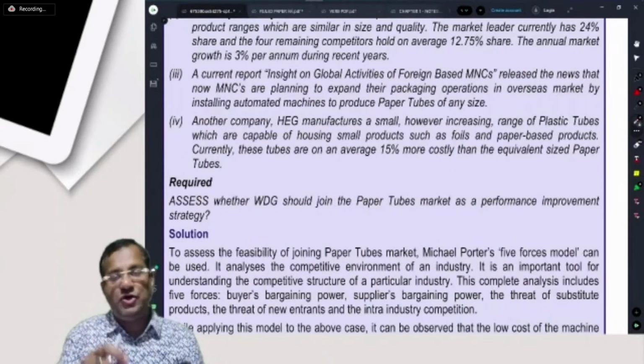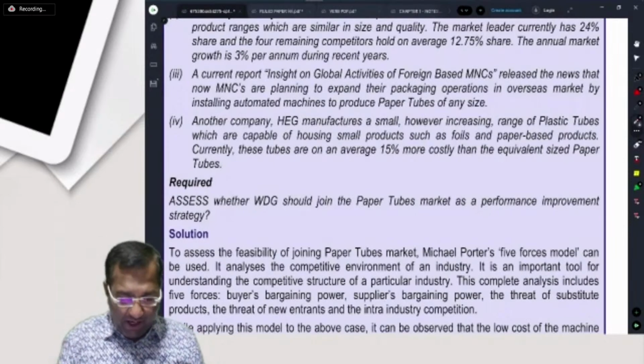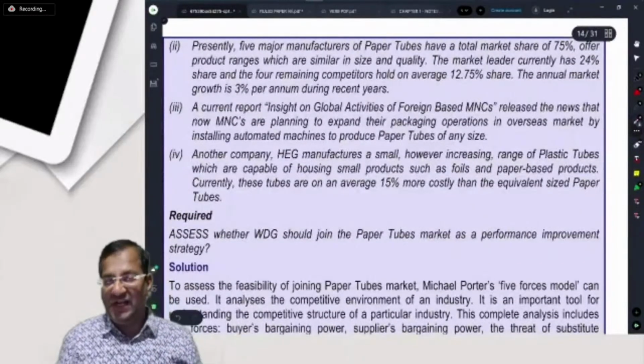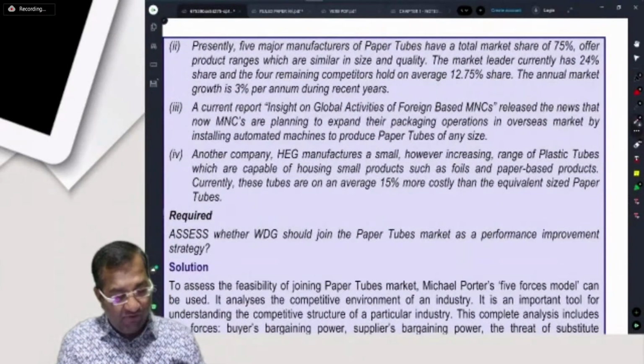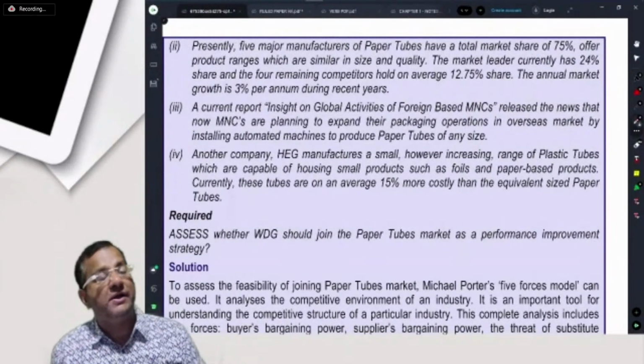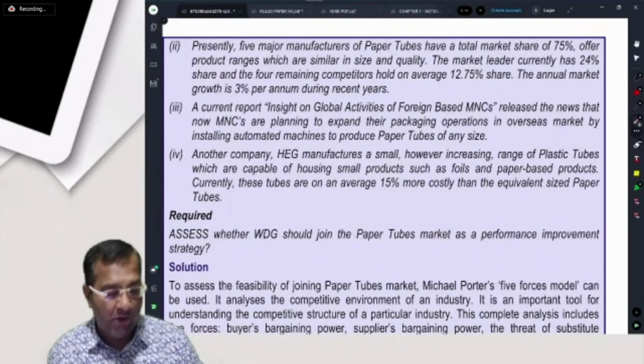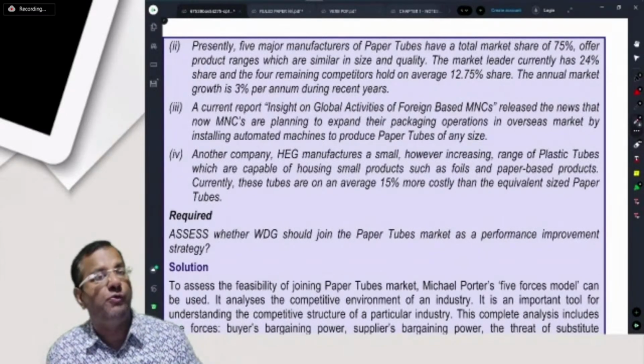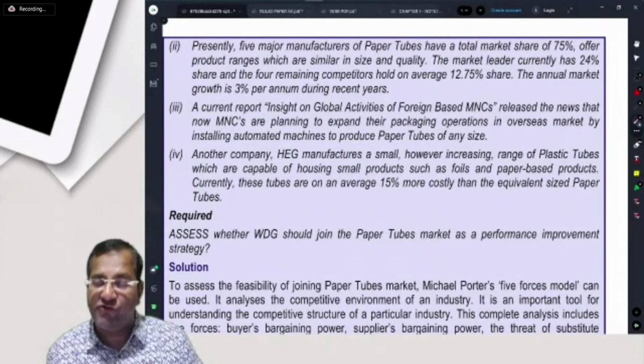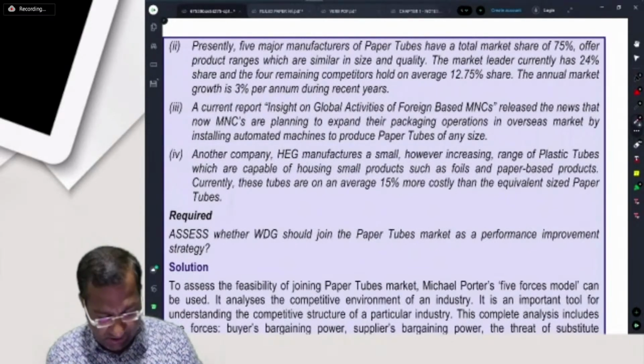Not only when you enter in this industry, 5 major players are waiting for you, but also MNCs are now entering into the paper tube market. They are using automated machine to produce any size of paper tube. So point number 3 will also be covered in point number 5, intensity of rivalry among the firm. Okay, so this point is also in non-favor of entering into that industry.